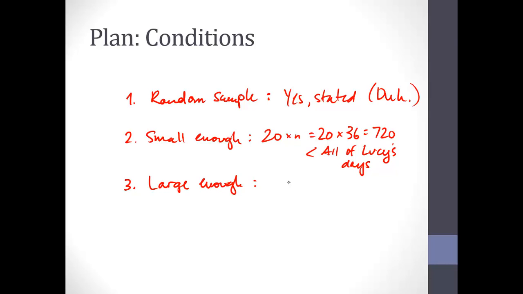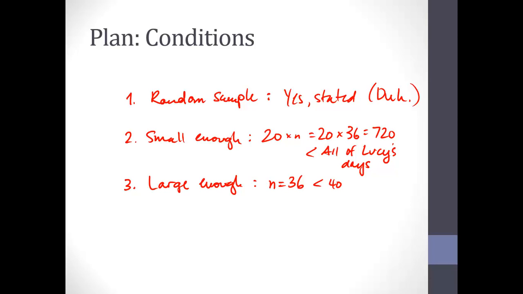And for our large enough sample here, again, we have that n is equal to 36. So what can we say about n being equal to 36? It's less than 40, right? So what you hope for is that your sample size is bigger than 40, because then you don't really need to even look at the data.